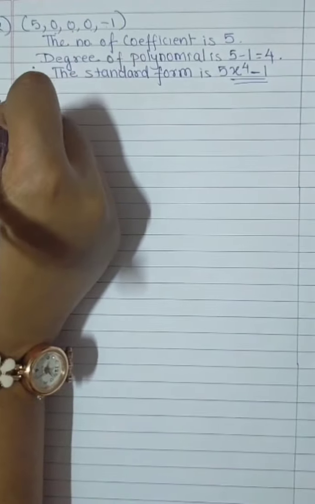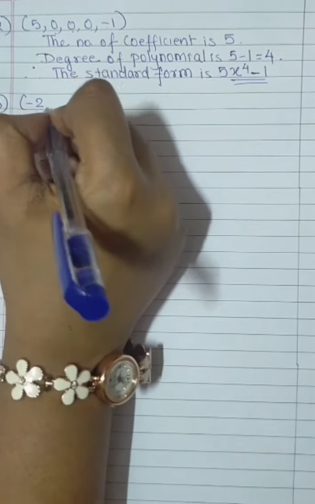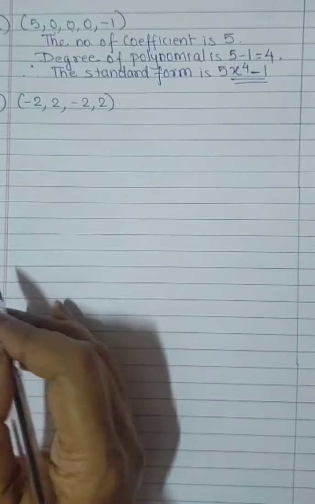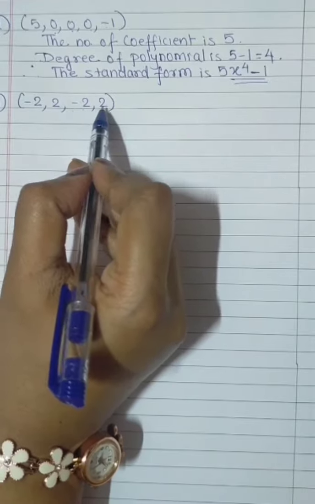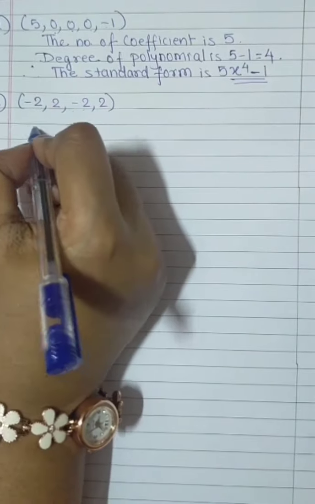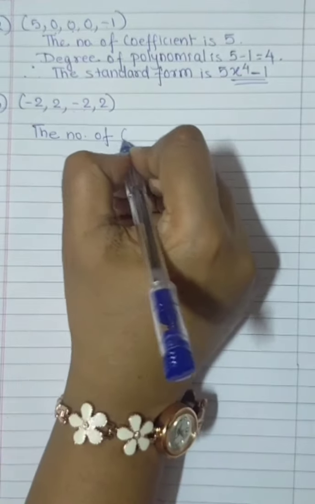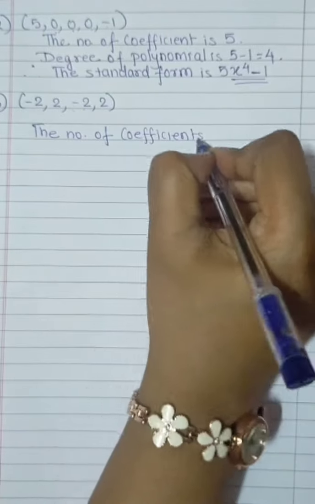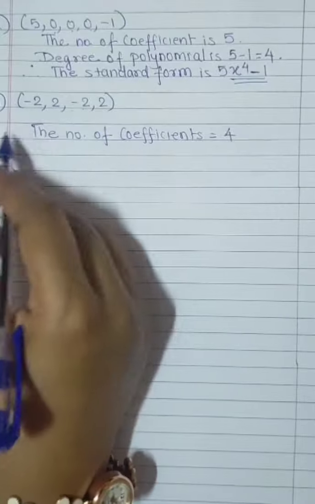Now we are going to solve question number 3, that is −2, 2, again −2 and then 2. So here as you can see, −2 and 2 is given, again −2 and +2 is given. So the number of coefficients is 4.